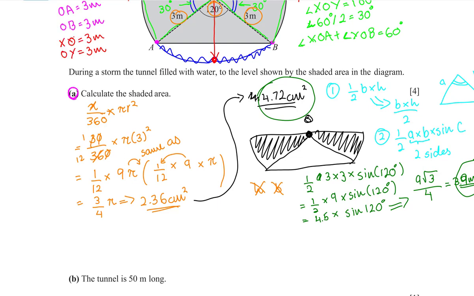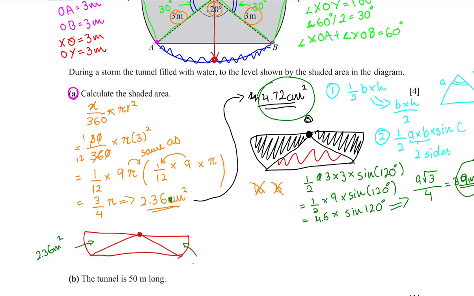I'll just give you an overview. I'll again draw this, just a small diagram. We have found that this is 2.36 meters squared. Sorry, this is supposed to be meters squared.